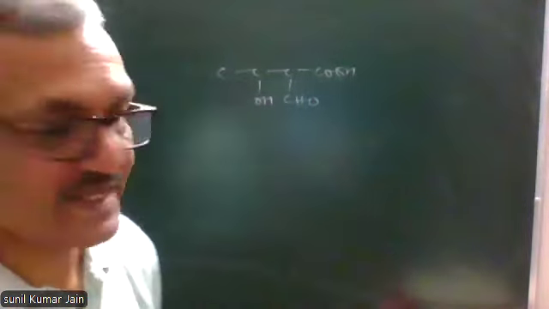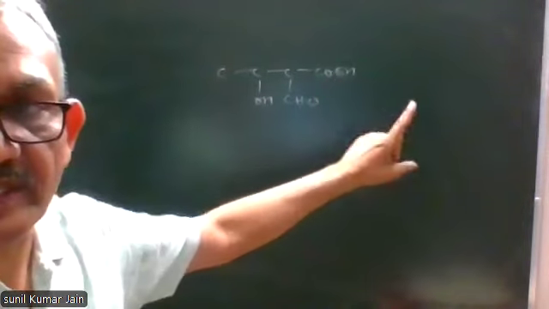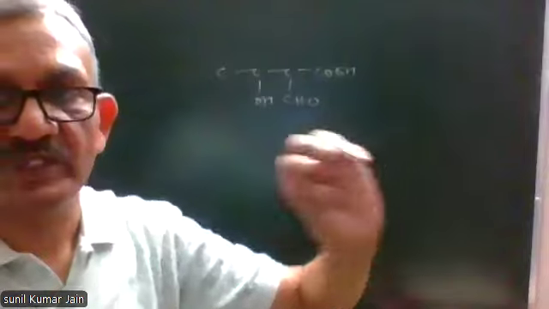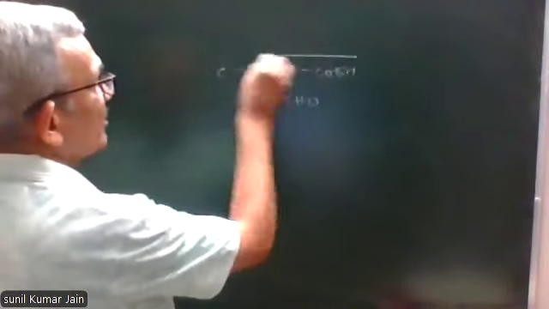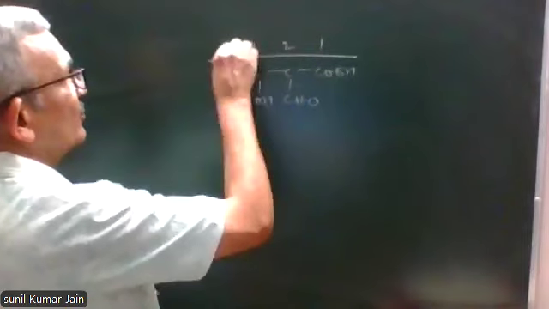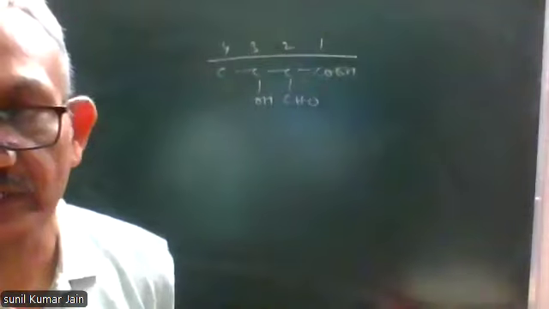Now, consider this compound. Since we have to choose the longest chain, it will be the one which includes the maximum number of locants. Therefore, this is the longest chain, 1, 2, 3, 4. CHO is not a part of the longest chain.